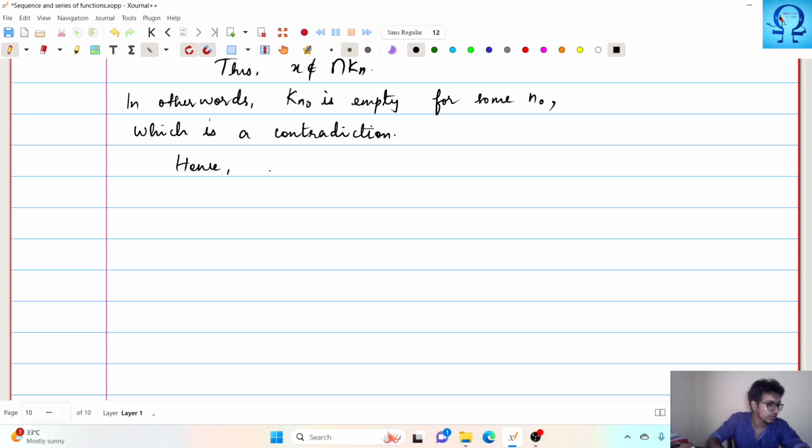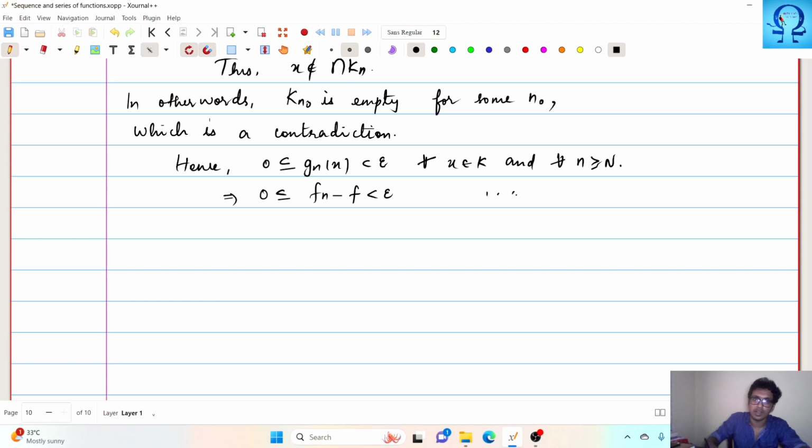Hence, what should we have? We should have 0 less than or equals Gn of x less than epsilon for all x in K and for all n bigger than or equals n naught. Sorry, this is 0 less than or equals fn minus f less than epsilon for all this case.